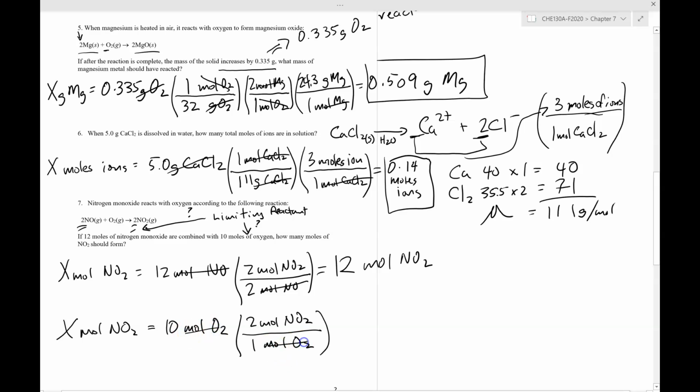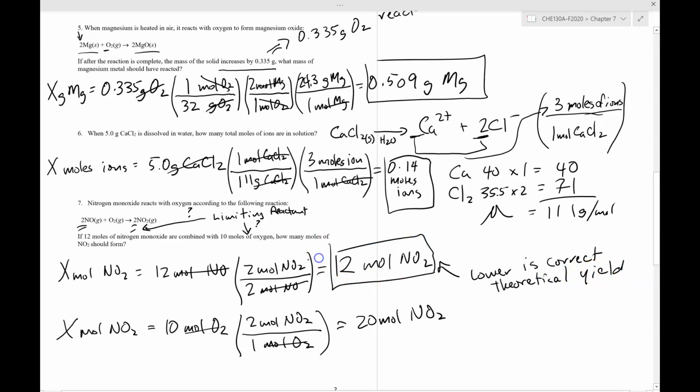Moles of oxygen cancels out. 10 times 2 divided by 1, that's 20 moles of NO2. And so what this tells me is that this, the lower one, is the correct yield, or theoretical yield. So I'd circle that as my answer.